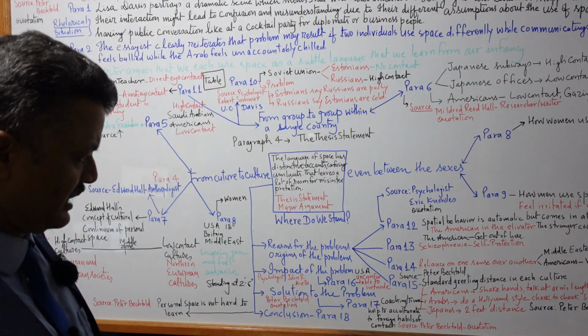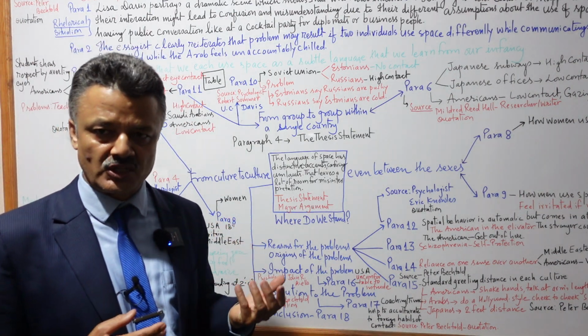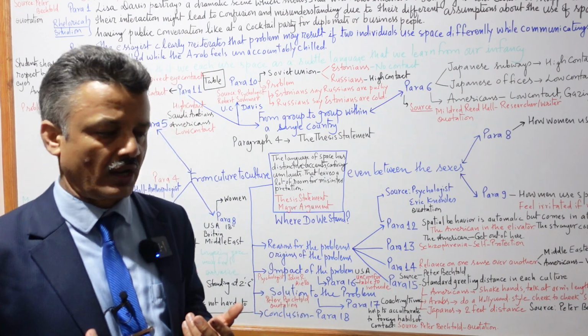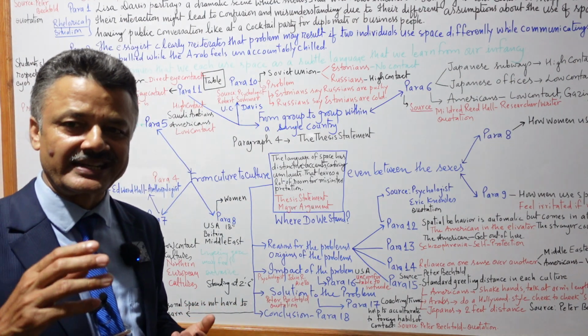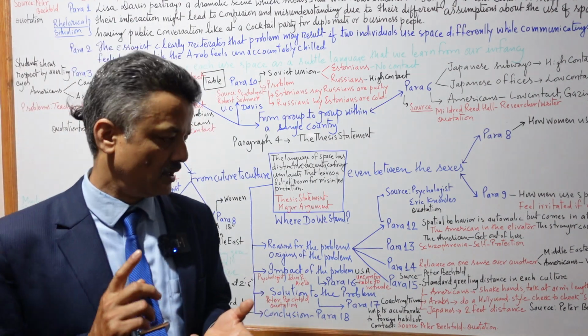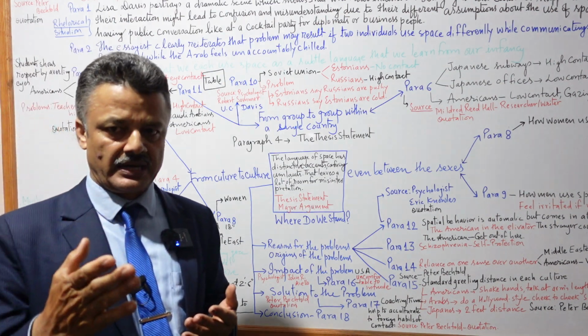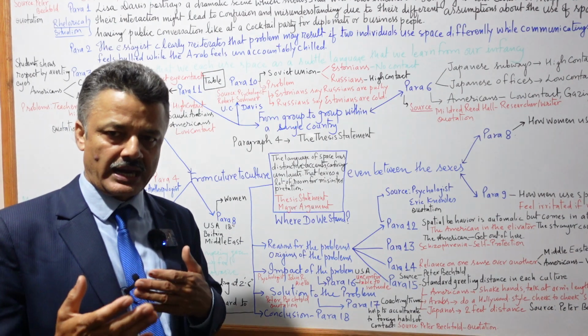Then in paragraph 15, Lisa Davis says that the origin of space use difference may also lie in standards of greeting distance in different cultures. She gives the example of Americans, who shake hands and talk at arm's length.